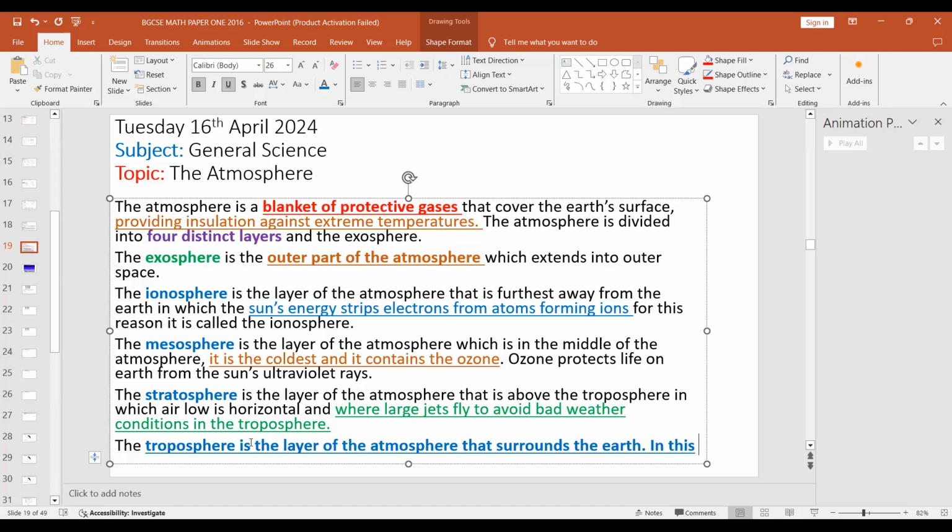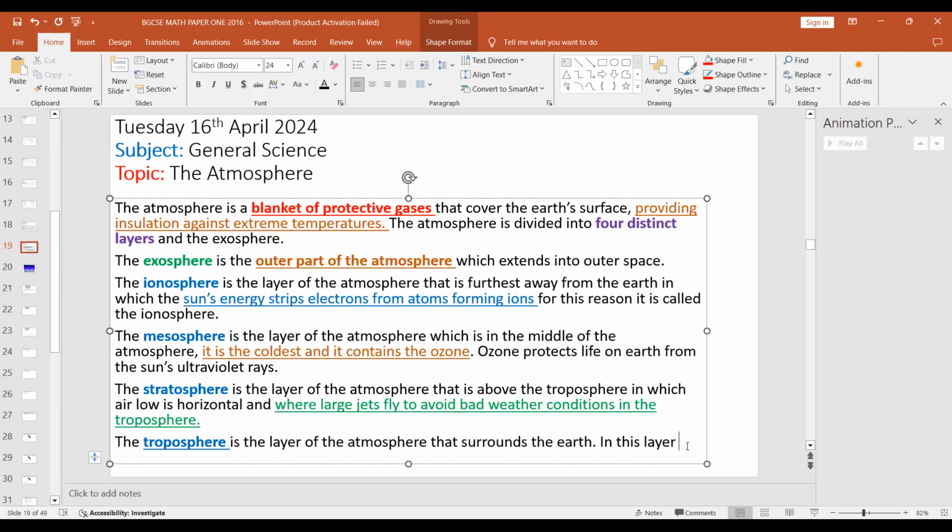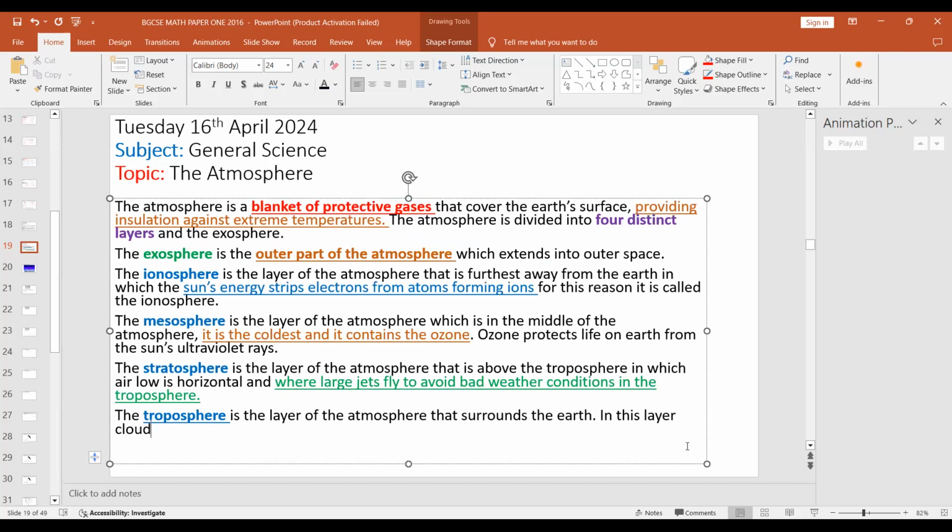In this layer, clouds, rain and wind are formed or found.